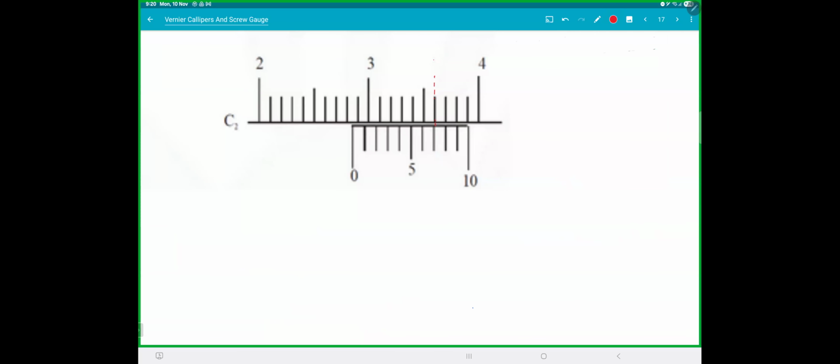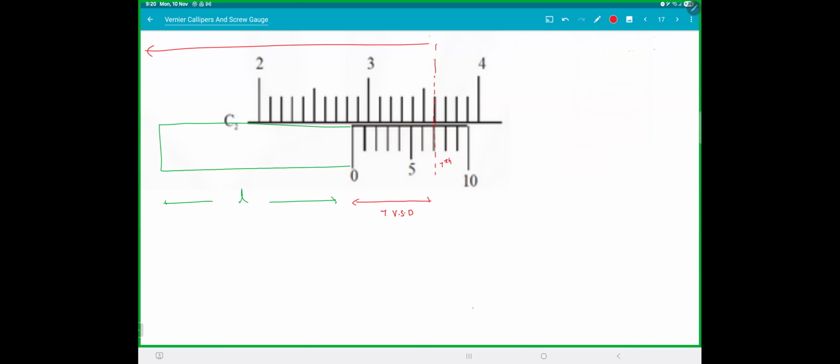Which division is matching? The 7th. So the object must be somewhere here. This is length L. So from here to here, this is your 7th division. So this is 7 VSD. From here to here, this is how much? 3.6. This is 3.7. So this is 3.7 centimeter.